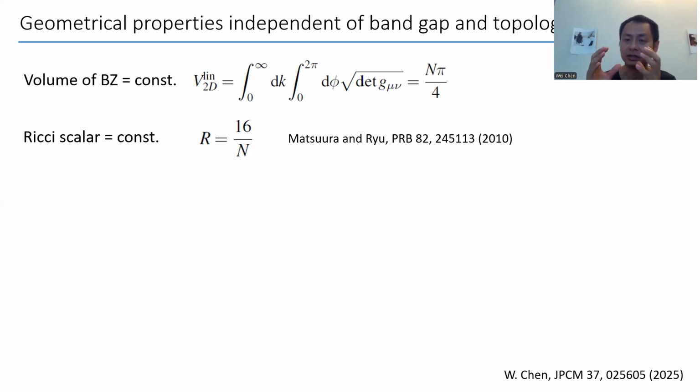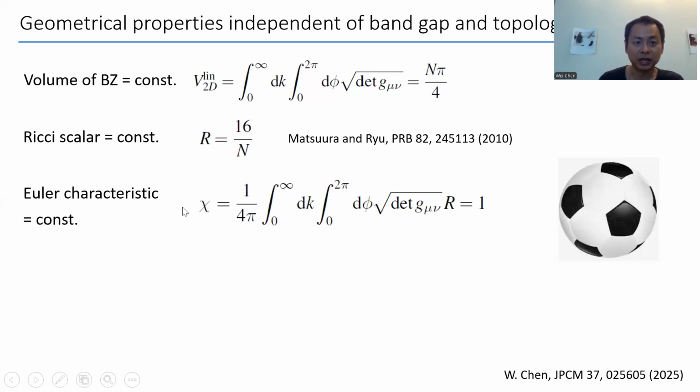For instance, in 2D, for some symmetry classes you need a 2x2 Dirac Hamiltonian to describe your system, whereas in some classes you need a 4x4 Hamiltonian to describe it. So this depends on symmetry, but nevertheless, it is a constant throughout the Brillouin zone. And this point has already been pointed out by Matsuura and Ryu in 2010.